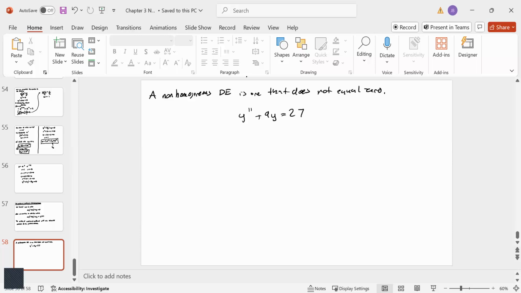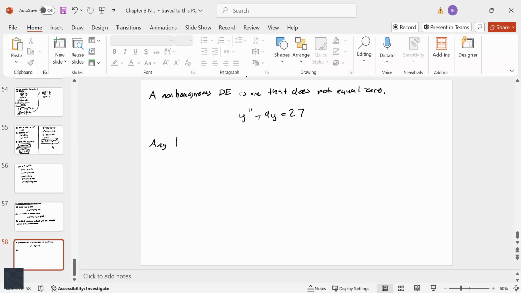What is a solution to a differential equation? It's a function that makes the left side equal to the right side, right? So if I can think of a number that will make the left side be equal to 27, that's what I'm aiming for, right?